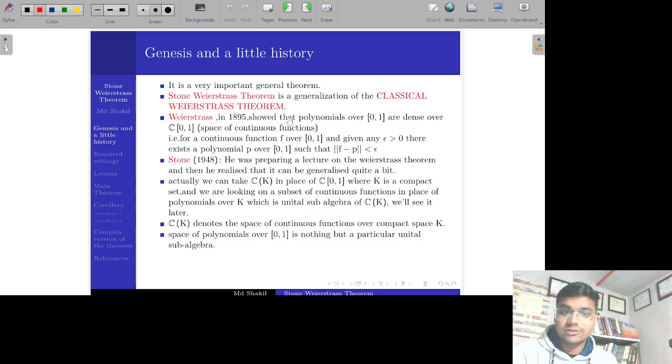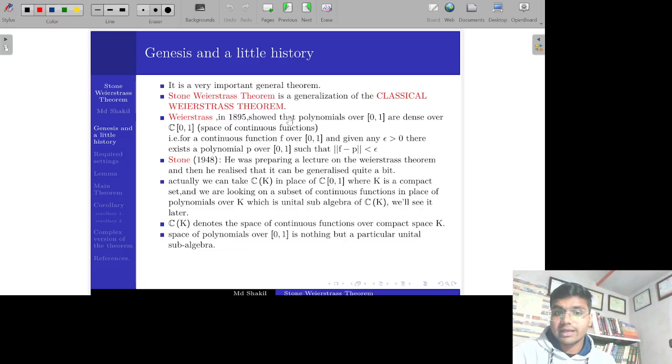In the classical Weierstrass theorem, Weierstrass considered the closed interval 0 to 1, and then Stone realized that we can generalize this closed interval 0 to 1 by a compact space, in a Hausdorff topological space more specifically.